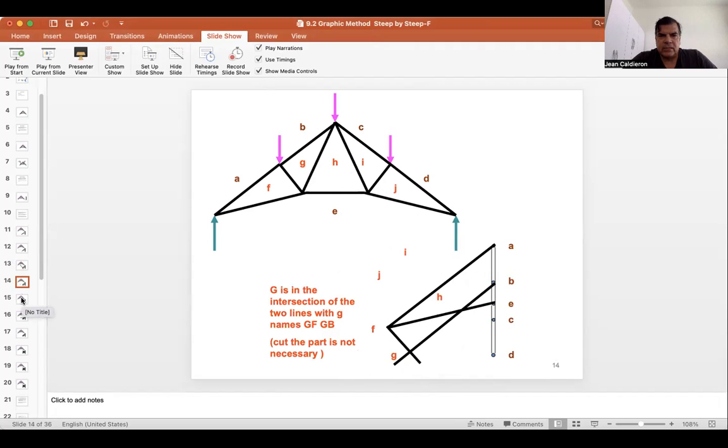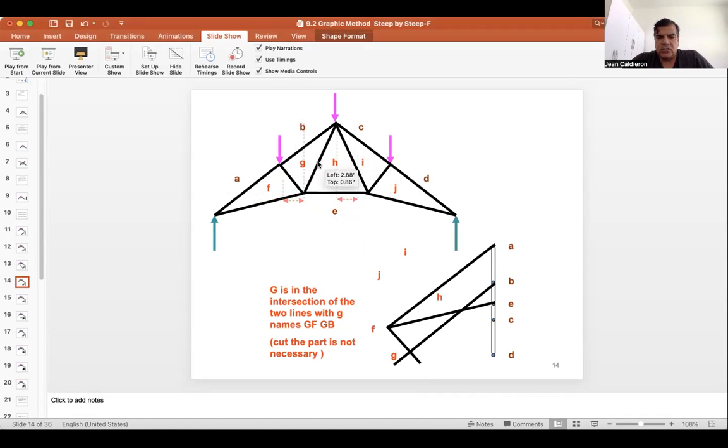Well, we go to the next. What can be the next? For example, we have a letter that is called HI, but we don't have yet the location of H. We suspect where it can be, but we don't have it. But we have another vector, this one that is called GH.